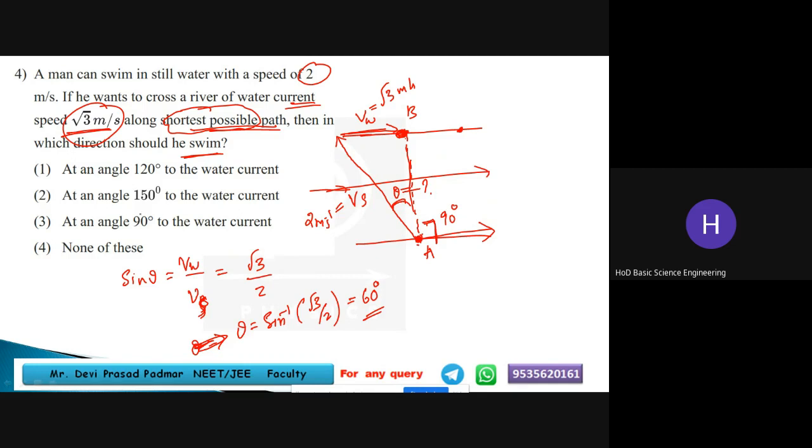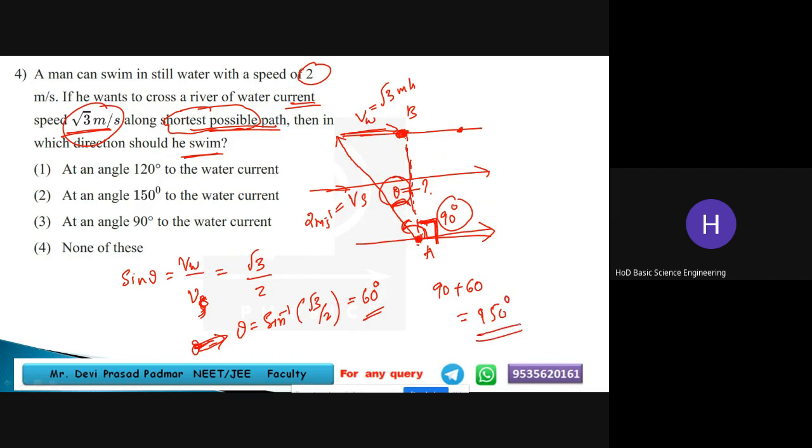But if you look at the options, 60 degree is not given. Now what is the answer? You know this particular angle is 90 degree and now you got this one as 60 degree. So you can measure the total angle: 90 plus 60, 150 degree.